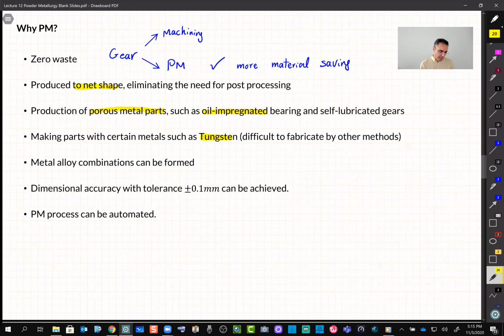What else? We can have a part made out of different metals. Well, you may say it's also possible to do it with casting. That's true. However, let's say you want to make something, just make it up, made out of titanium and gold, right? Then how do you want to cast these things?